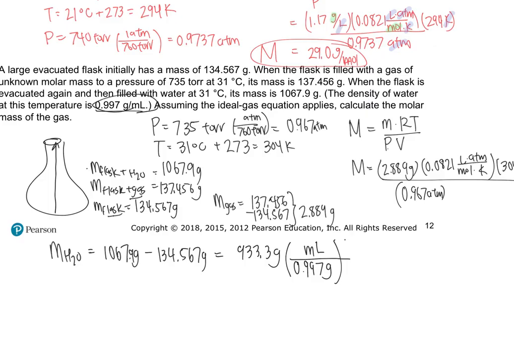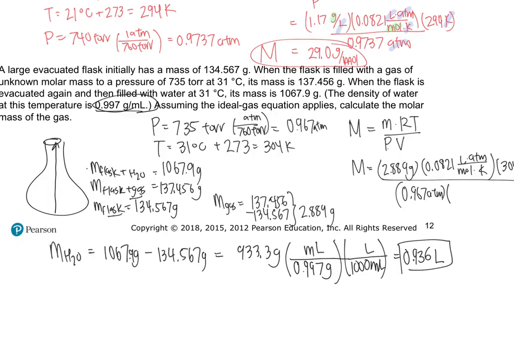And then we could get that over into liters, saying 1,000 milliliters is a liter. So we could take our grams into milliliters using the density of water and milliliters into liters. And that ends up giving us a volume of 0.936 liters for the volume of the container, which was filled with water.